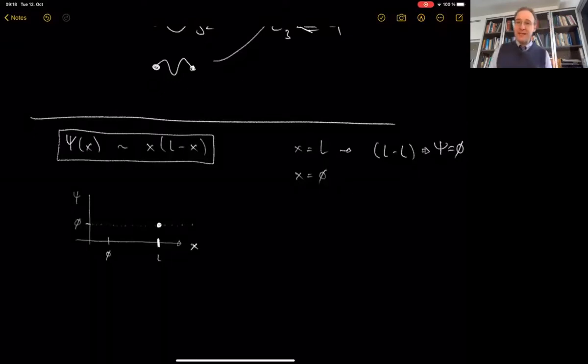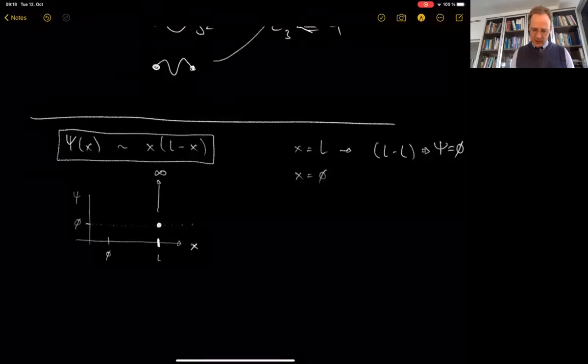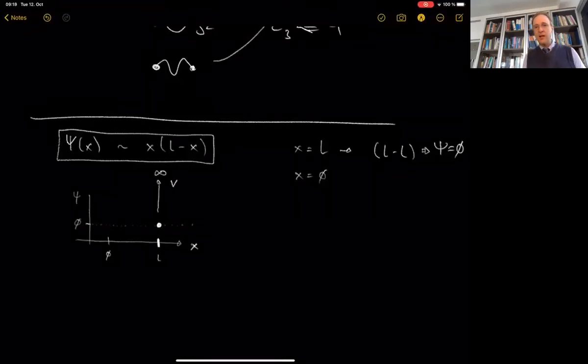Now, does that make sense? It does, because at this L, your potential is supposed to go to infinity. Okay, so there should be no wave function, right? If your potential is infinitesimally repulsive, the wave function must collapse, right?